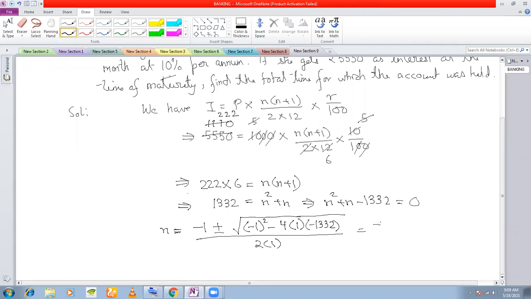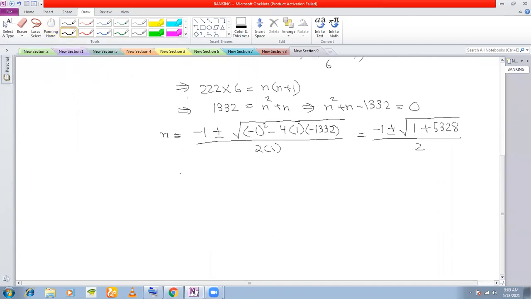Okay, so let us find out. So we have minus 1 plus or minus root over of 1. Minus and minus combined to give you a plus. This will give you 5328 divided by 2, which is equal to minus 1 plus or minus root 5329.